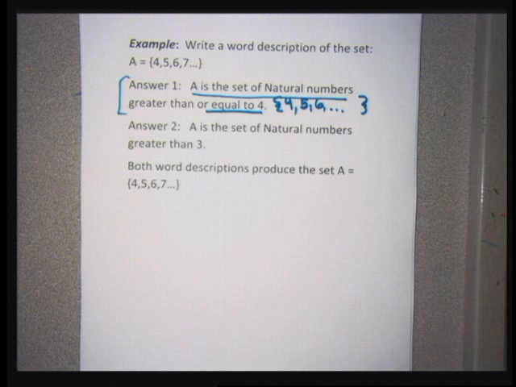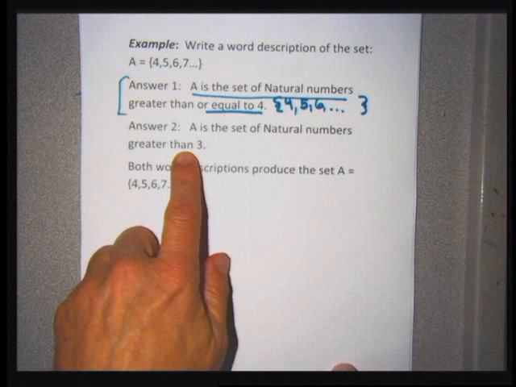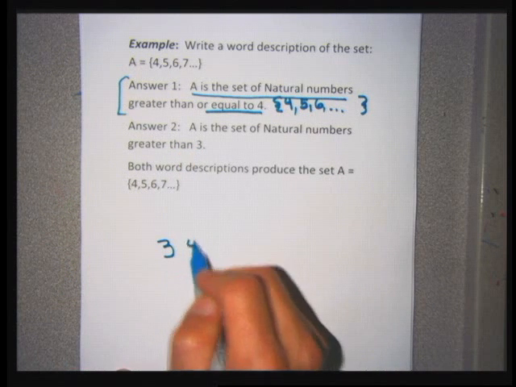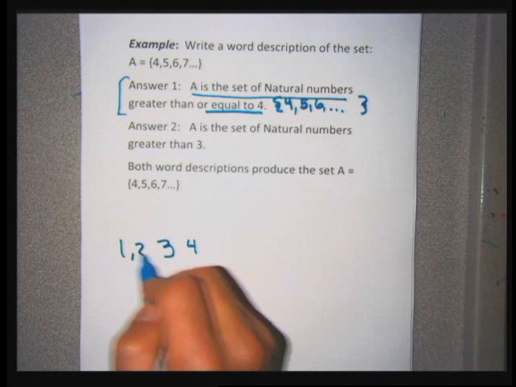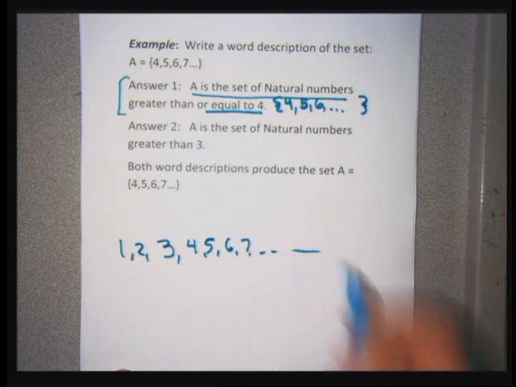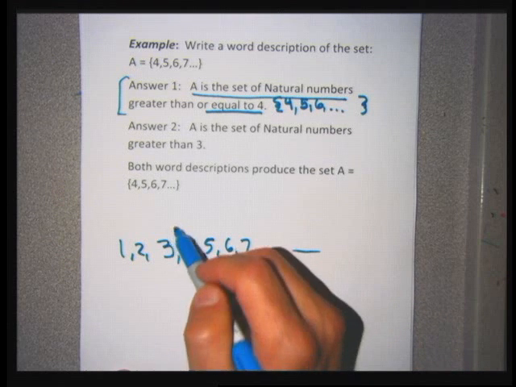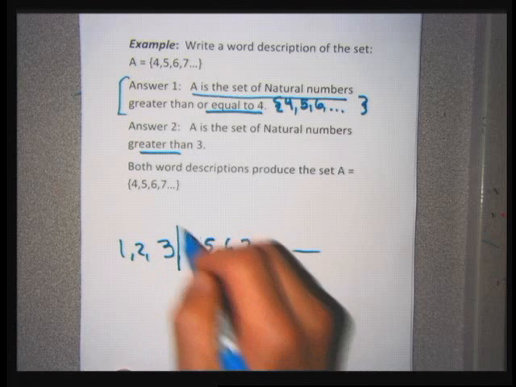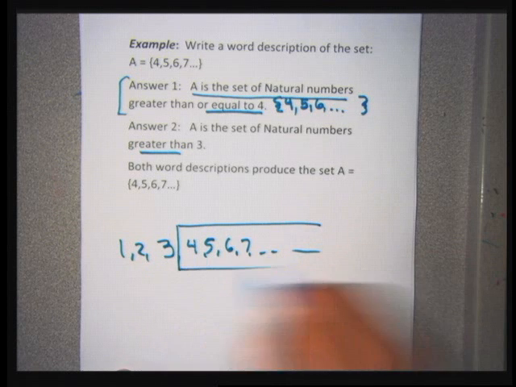The other suggestion that I came up with was A would be the set of natural numbers greater than 3, because if I look at my natural numbers, 1, 2, 3, 4, 5, 6, 7, and they go on forever, greater than 3, because it doesn't have the or equal to part, I'm not including the 3, and I'm only including the natural numbers greater than 3.